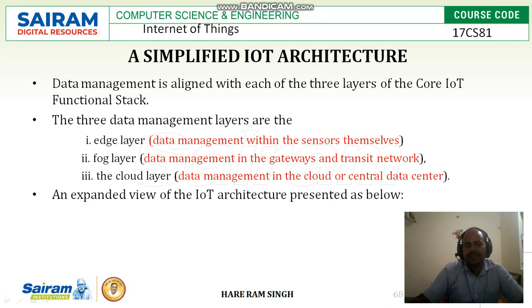Now, the second layer is called the fog layer. In the fog layer, data management is done in the gateway and transit networks, that is, at the gateway or routers. Here data will be transferred from the sensor to some cloud network through the gateway or router.